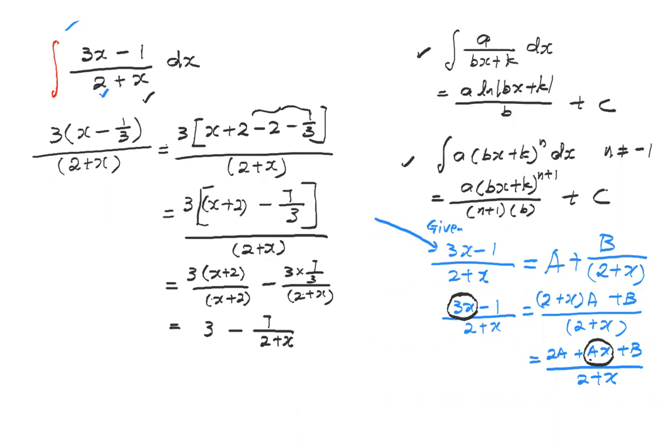So my ax is equal to 3x. Therefore, a equals 3. And 2a plus b equals -1. So b will be equal to -1 minus 2 of my a. So this will be -7, done.